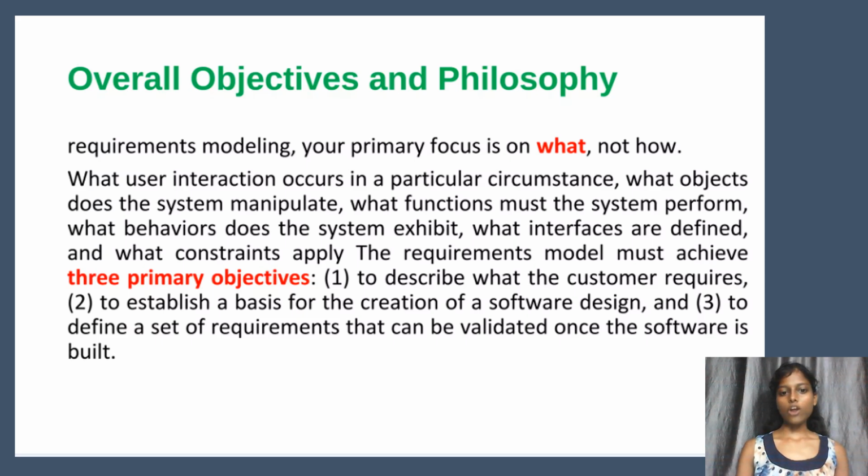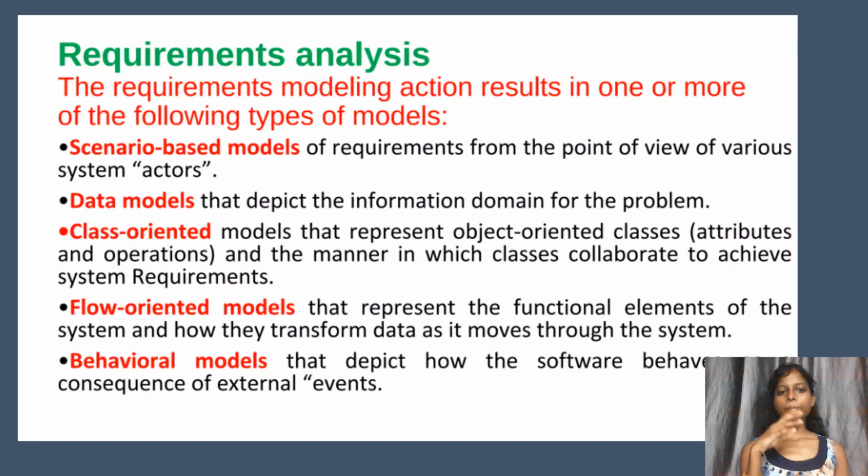The requirements model must achieve three primary objectives: first, to describe what the customer requires; secondly, to establish a basis for the creation of a software design; and thirdly, to define a set of requirements that can be validated once the software is built. The requirement modeling action results in one or more models. Scenario-based models are from the perspective of various system actors.